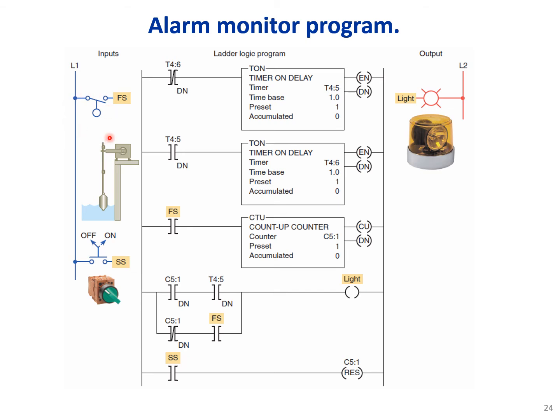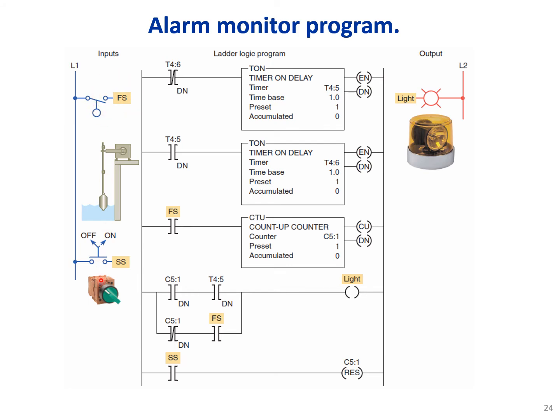As input, we have this switch which basically measures the level of water here. Once the level of water reaches a specified value, then this FS switch will be true.